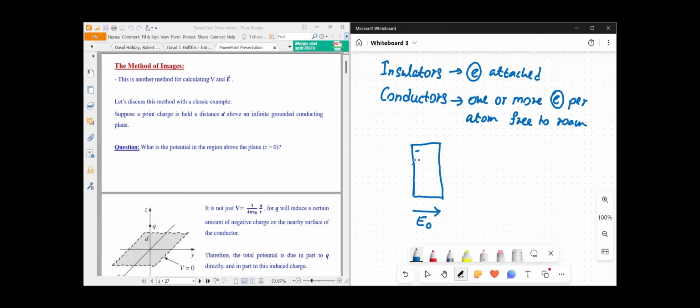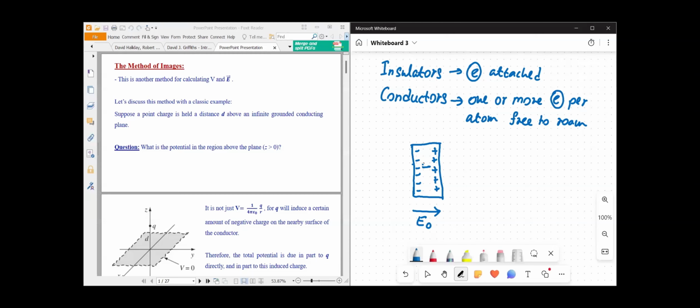Electrons will move to this side, opposite the direction of the provided electric field. Once the electrons move in this direction, there will be a positive charge on this side of the conductor. Therefore, we have a charge separation like this inside the conductor.